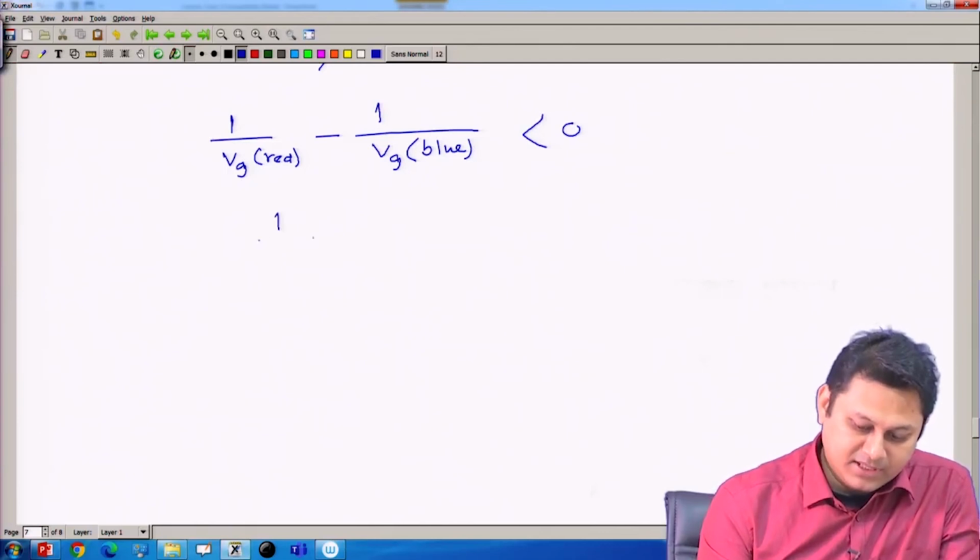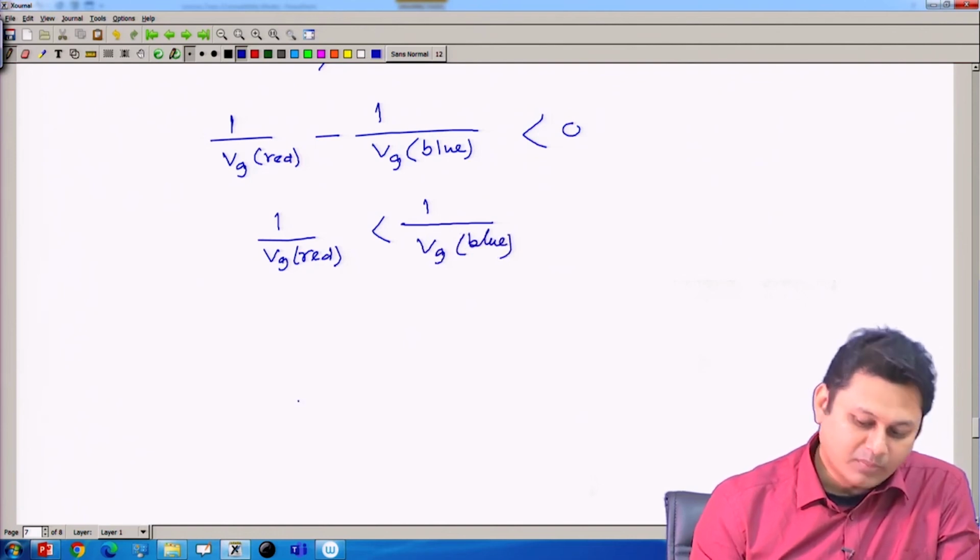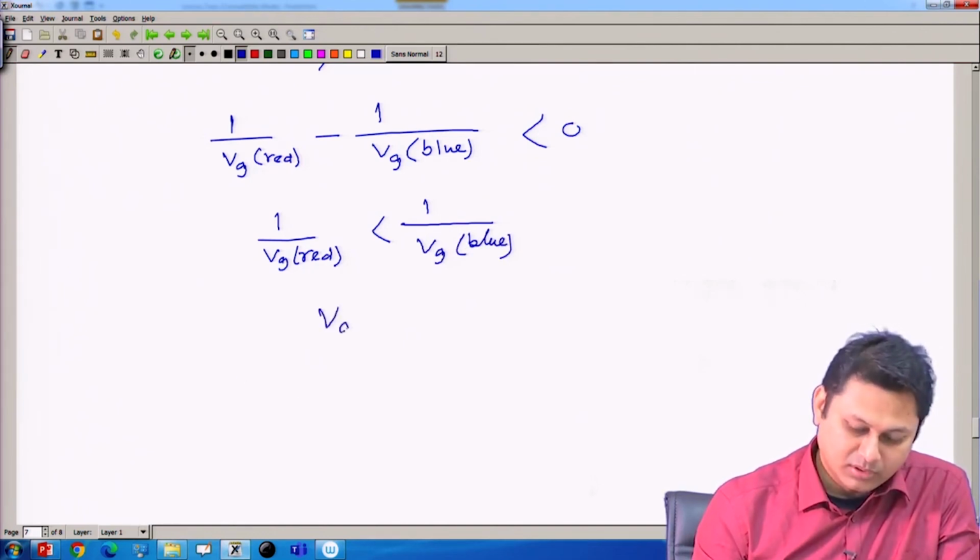So, 1 by Vg of red should be less than 1 by Vg of blue, and from that we can conclude that Vg of red should be greater than Vg of blue.